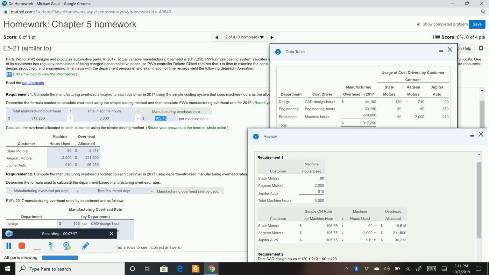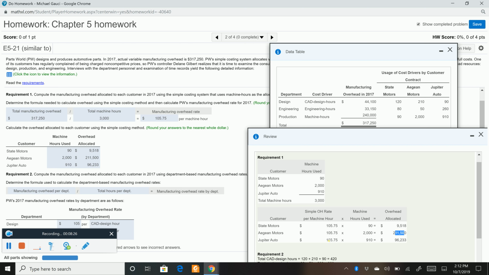Utilizing the $105.75 an hour, we multiply it by the number of machine hours used per customer. For State Motors, 90 machine hours is used, so 105.75 times 90, we will allocate $9,518. For Aegean Motors, 105.75 times 2,000 machine hours, or 211,500.